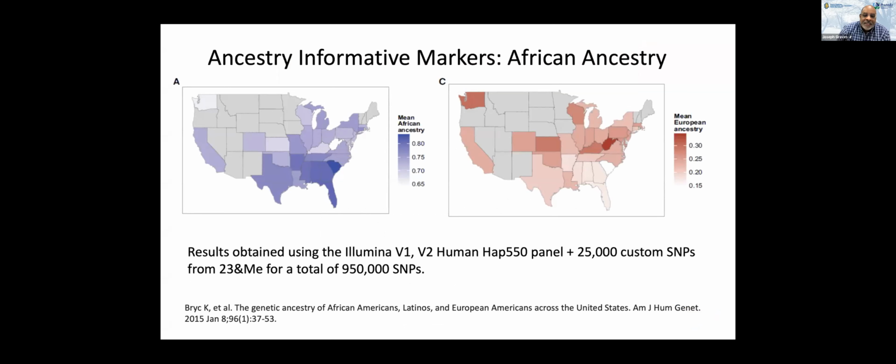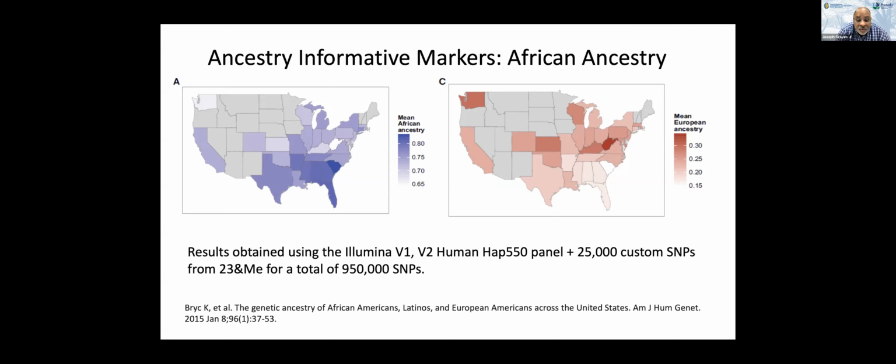My apologies. A recent paper from Ancestry from 23andMe utilized the Illumina V1, V2 panel and 25,000 custom SNPs to look at the ancestry of African Americans. And what you see is that the European ancestry in African Americans is considerable.